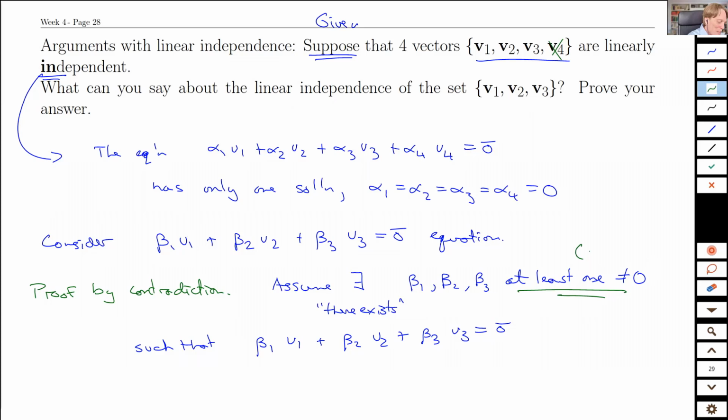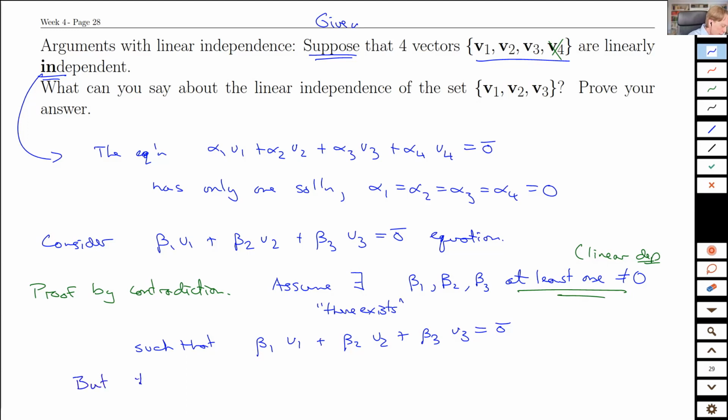So remember, this is basically saying, I think this set is linearly dependent. So we're going to assume that it's linearly dependent. And then we're going to see, well, maybe that's true. But if I do that, then I'm going to get a contradiction with what I said earlier. And that means this can't be true. So we can work our way back and say what I assumed at the beginning has to be untrue.